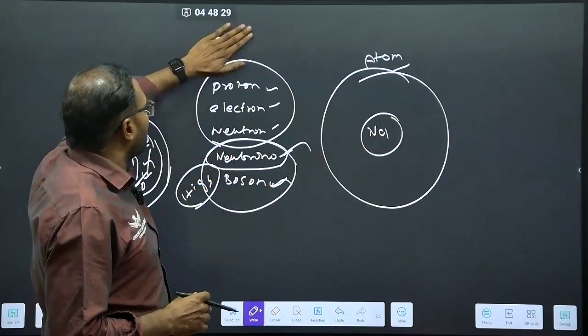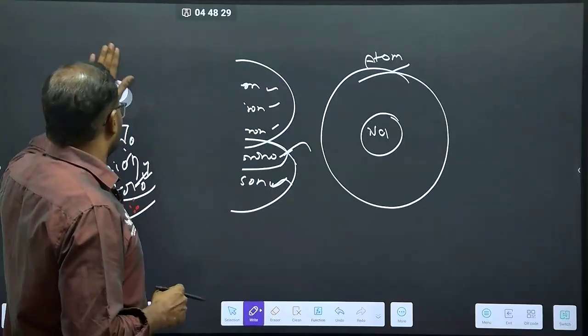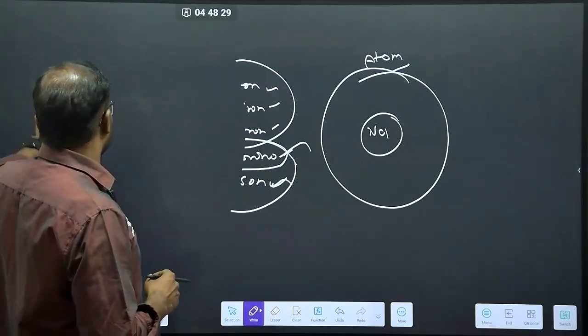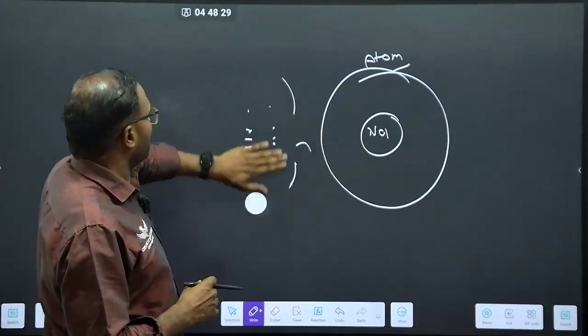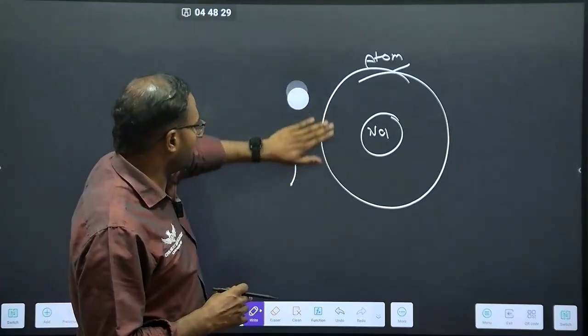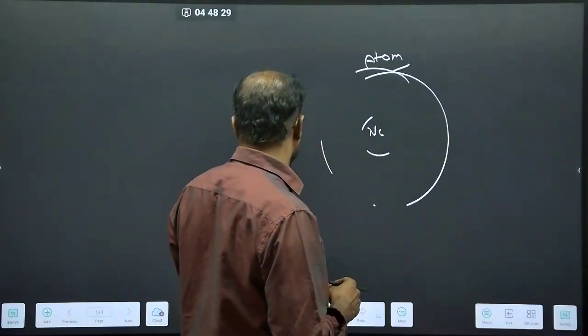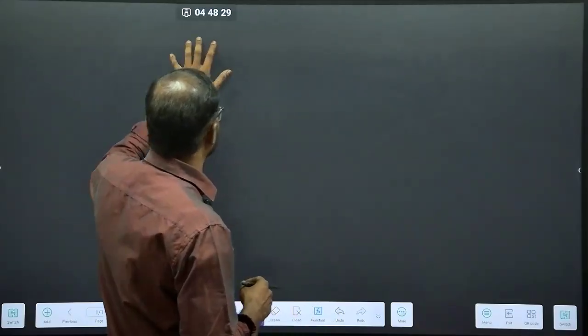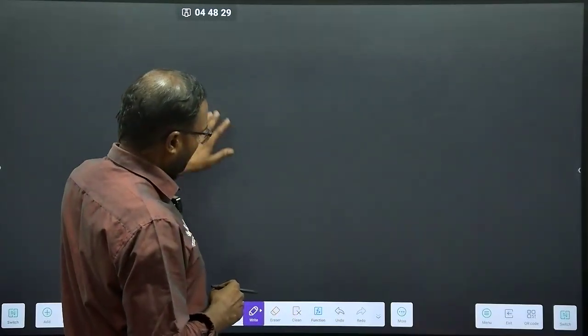So now we come to know proton, electron, neutron are the subatomic particles. Now we must be knowing the structure of the atom.